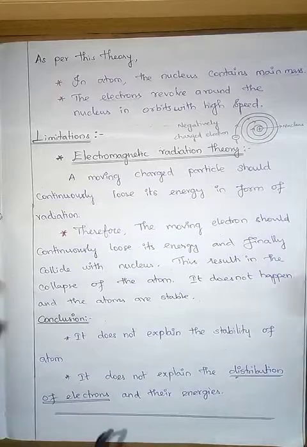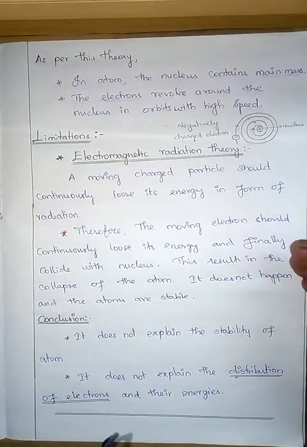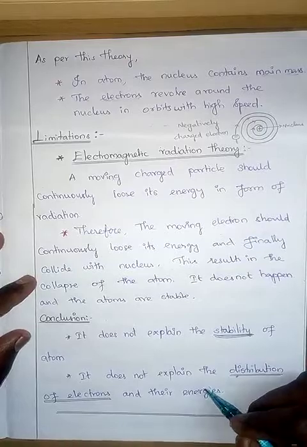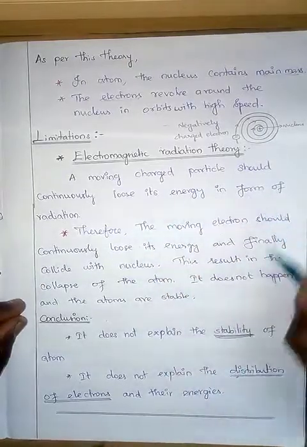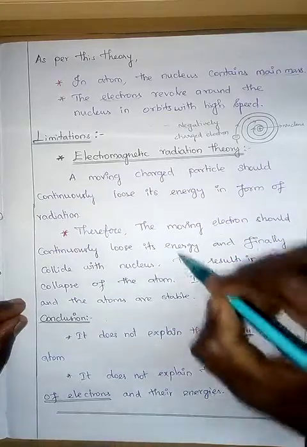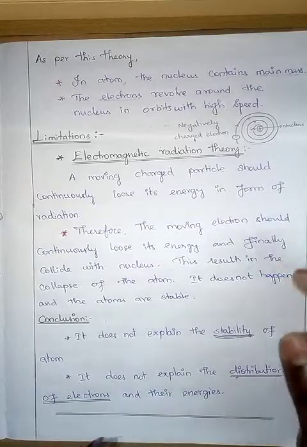So it doesn't happen. And the atoms are stable, remember. So this Rutherford model of an atom does not explain the stability of an atom. When the electron is revolving around the nucleus, which has a plus charge, the electron should continuously lose its energy. But that's not happening. This point is not explained by Rutherford.